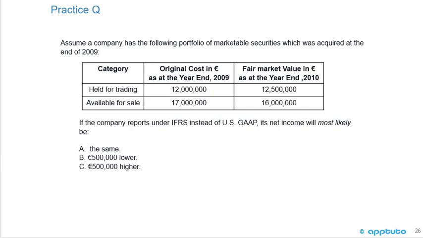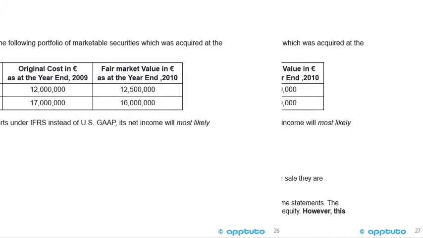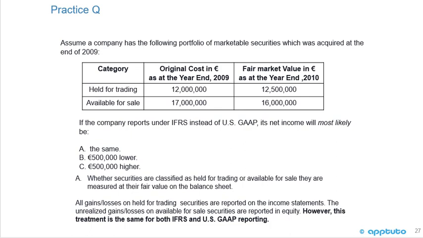The fair market value in euros at the end of the year for 2010, the held for trading was 12,500,000 euros and available for sale 16 million euros. If the company reports under IFRS instead of US GAAP, its net income will most likely be A, the same, B, 500,000 lower, or C, 500,000 higher. Okay, that's a good little practice question to check our understanding.